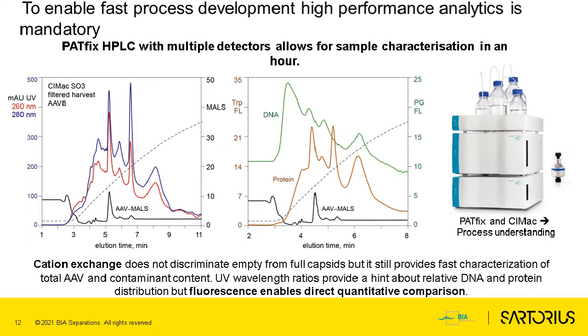We need to pay attention that this is not going into our final product because it may be really problematic. How can we realize this analytics? Because DNA is not fluorescent, we add some PicoGreen to the sample before injecting, and PicoGreen sticks to any DNA-related impurity, so we get a signal for all DNA-related impurities. Then we can also look at how we are cutting down the amount of these DNA-related impurities during our purification process.